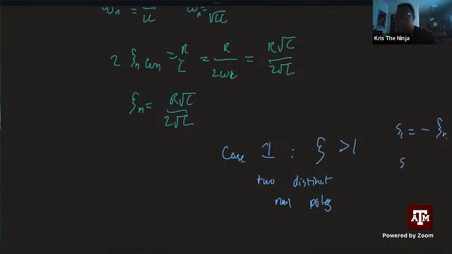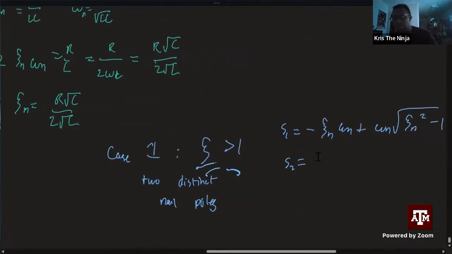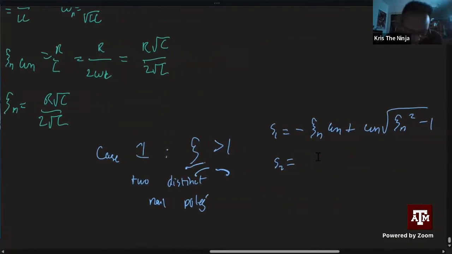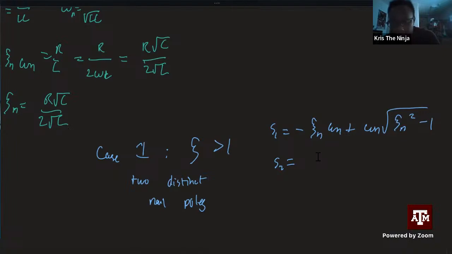S2. And this comes from the quadratic formula. If you did the quadratic equation with these values, you'd find the same thing that I'm writing down here. I just didn't feel like doing the quadratic equation for it because it takes a while. So S2 is minus zeta n omega n minus omega n times the square root of zeta n squared minus 1.